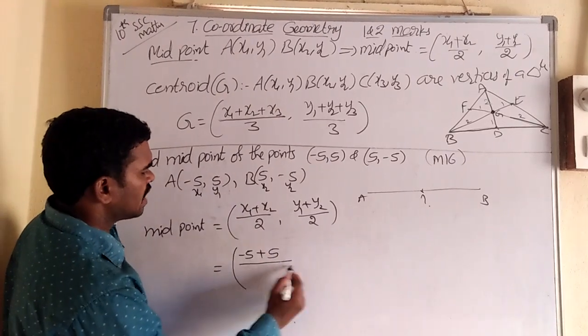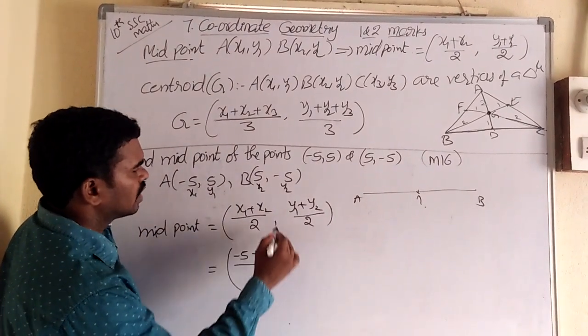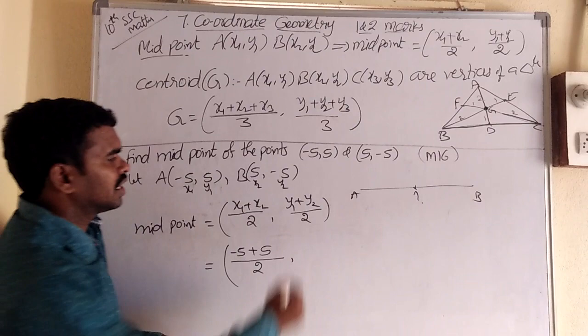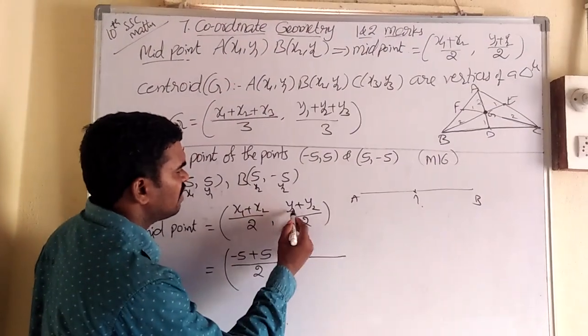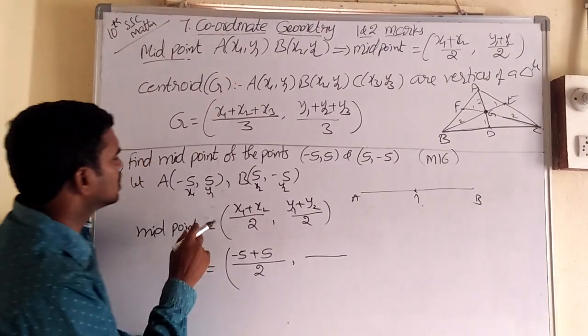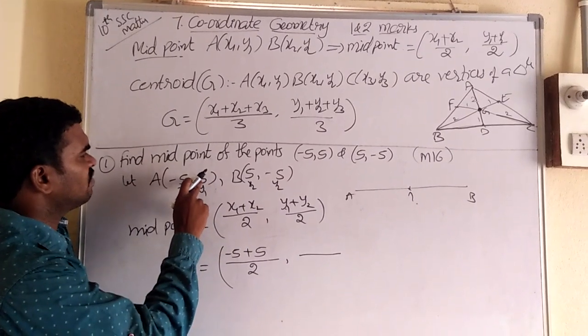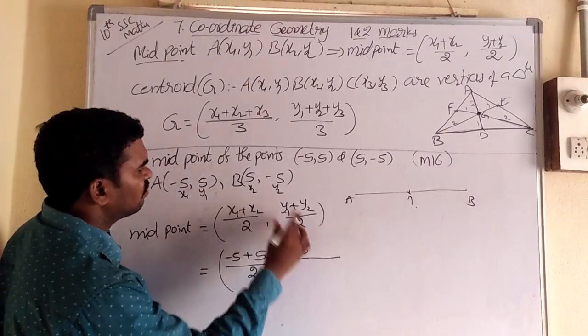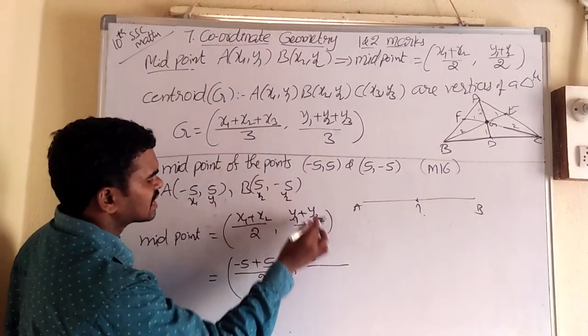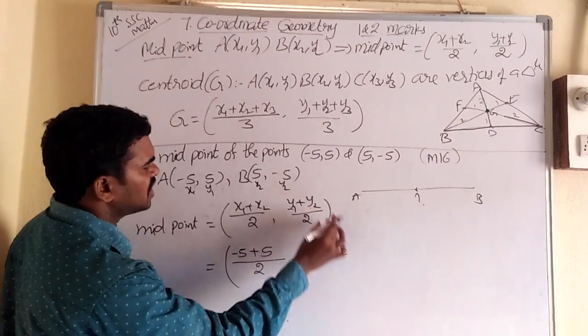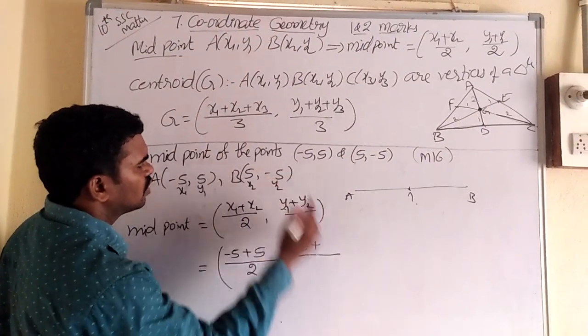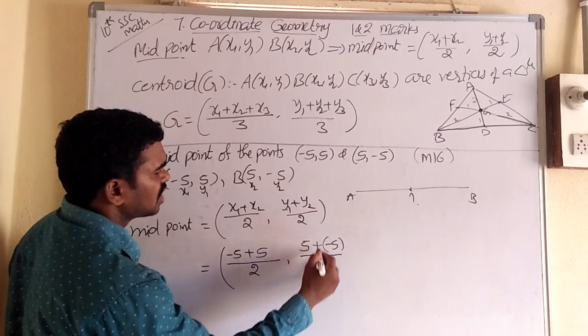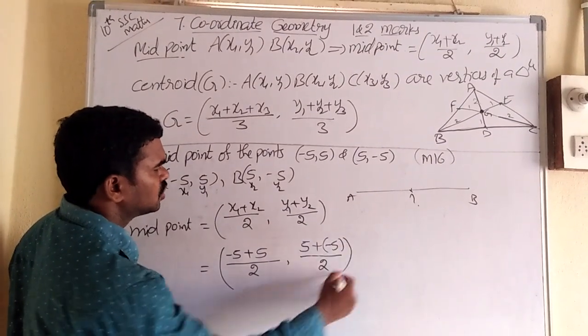And by 2, comma. Next (y1 plus y2) by 2. y1 value is 5, so instead of y1 I wrote 5. Next plus, next y2, what is y2? Minus 5. I'm taking a bracket, by 2.